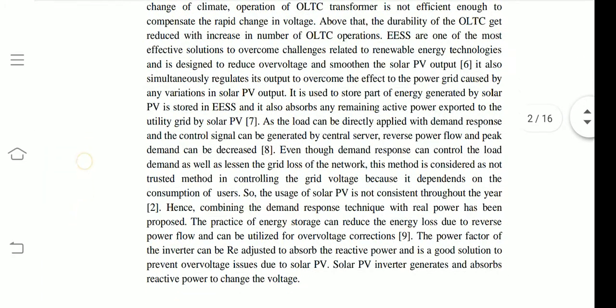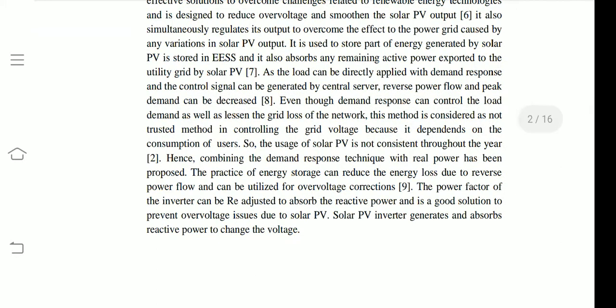Hence, combining the demand response technique with real power has been proposed. The practice of energy storage can reduce the energy loss due to reverse power flow and can be utilized for over voltage corrections. The power factor of the inverter can be readjusted to absorb the reactive power and is a good solution to prevent over voltage issues due to solar photovoltaics.